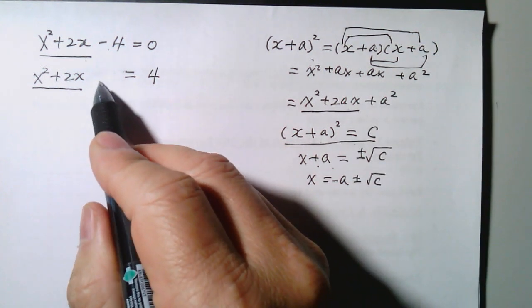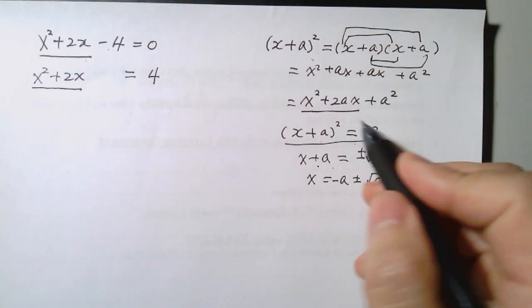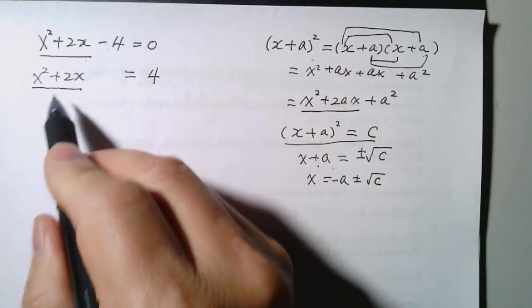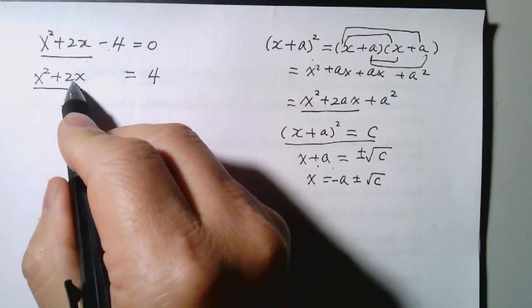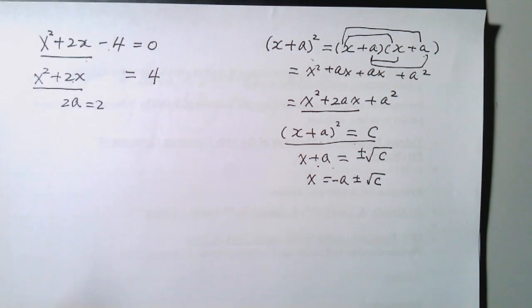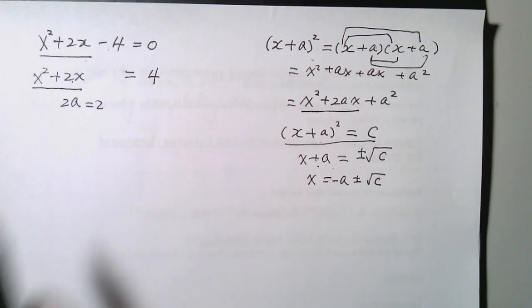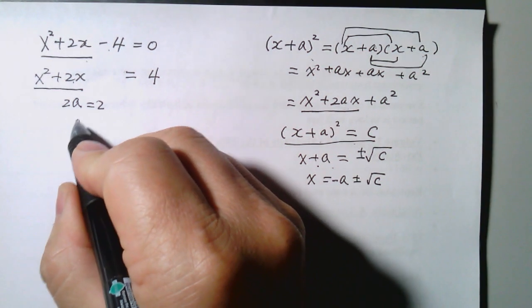So you have to add some number, which is a squared. By comparison, you can see that in this case 2a actually equals 2. I compare this with these two terms, so I get 2a equals 2, which means a equals 1.